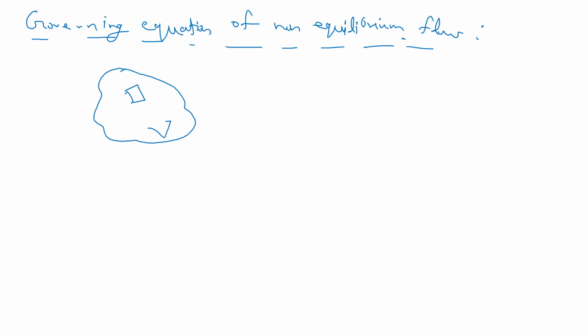This is one surface and the velocity is v here. And there is one species, so let's see. There is one species which has density rho I.